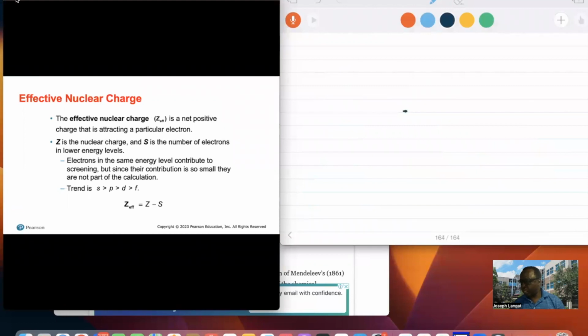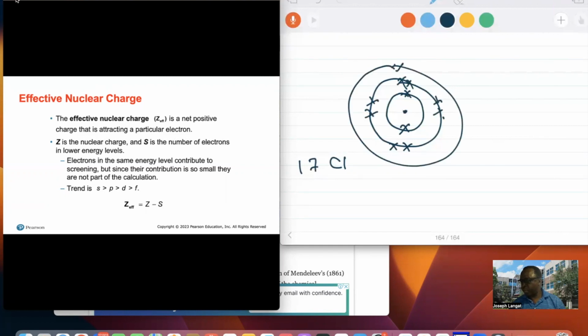Let's say chlorine, for example, which is number 17. The innermost shell has 2 electrons, then 8, and then 7 in the outer shell. So we have 17 electrons for chlorine.